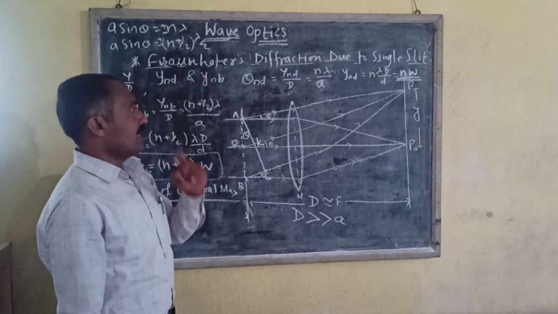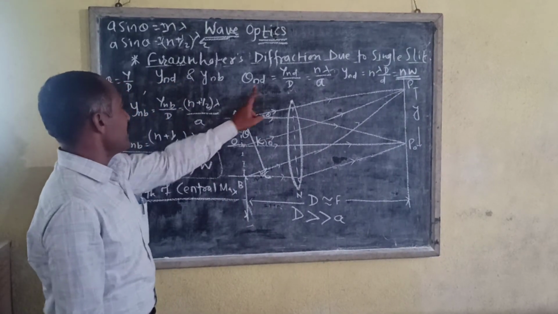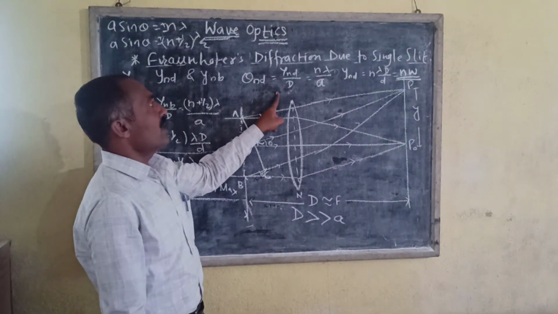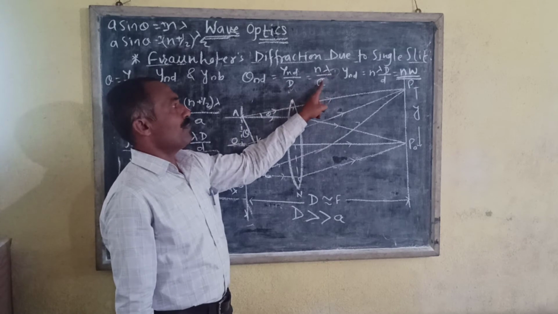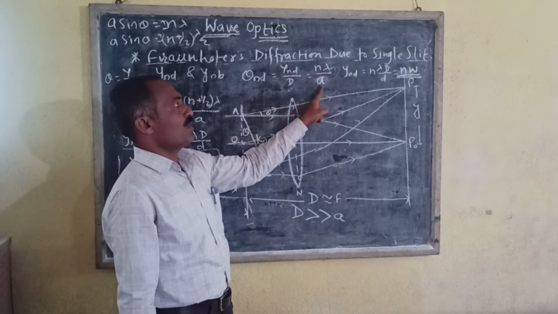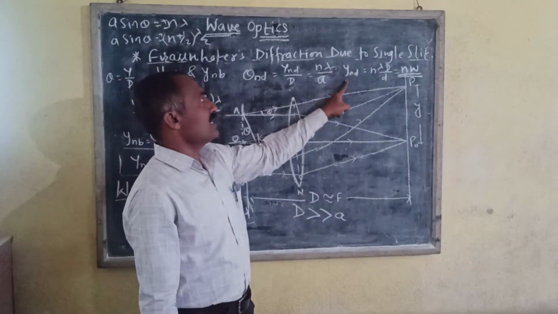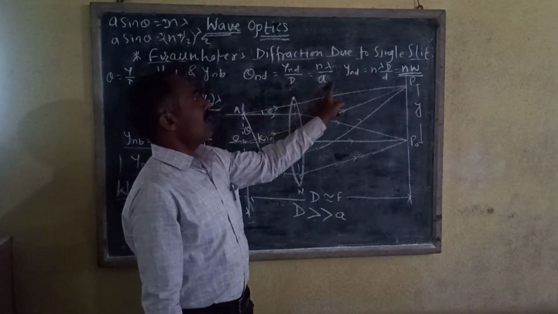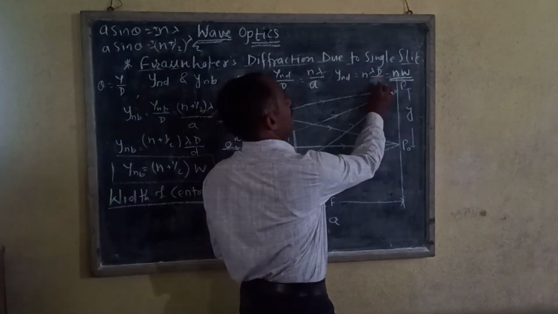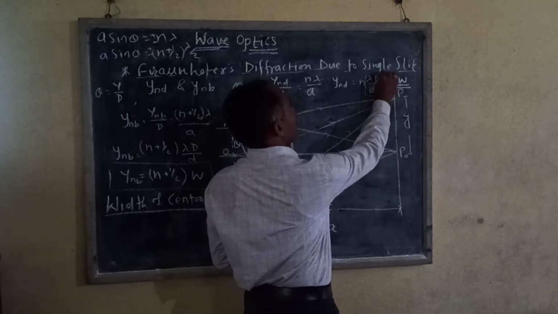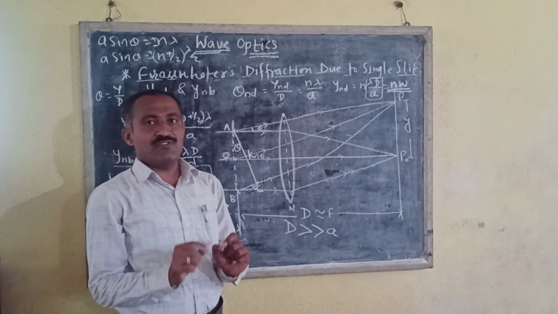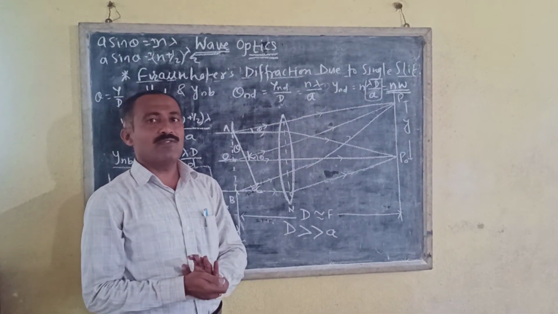Then for the nth dark point, theta_nd equals y_nd upon capital D equals n lambda upon a, that is y_nd equals n lambda capital D upon a, where lambda capital D upon a is the fringe width, as we see in the theory of interference bands.